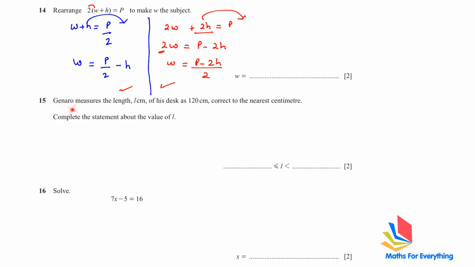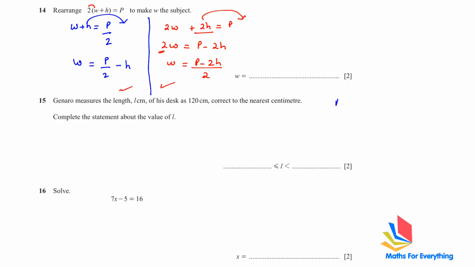Question number 15. Gennaro measures the length L centimeters of his desk as 120 centimeters correct to the nearest centimeter. Complete the statement above for the value of L. When you want to find the upper bound and the lower bound, you read the question. It is correct to the nearest centimeter.